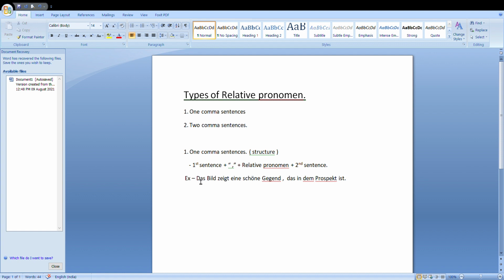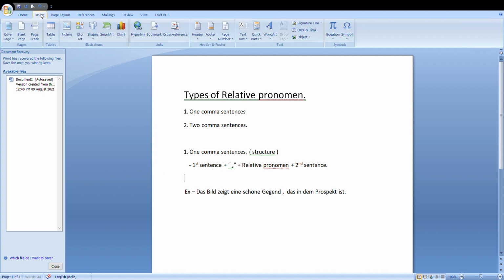Look here. The first sentence is before the comma. So we try to arrow it down.